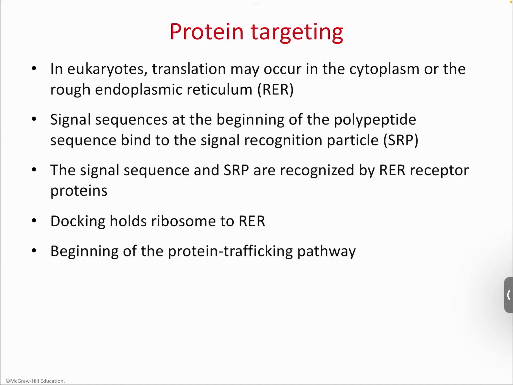The other question we have in addition to that is, remember the rough ER is really targeted on 3 main specific proteins. If you're associated with the ER, you're basically making one of 3 proteins. You're either making a secretory protein that will be secreted to the outside of the cell, or you're making a membrane protein, which we talked a lot about in chapter 5, or you're going to be making a lysosomal protein. That's it.